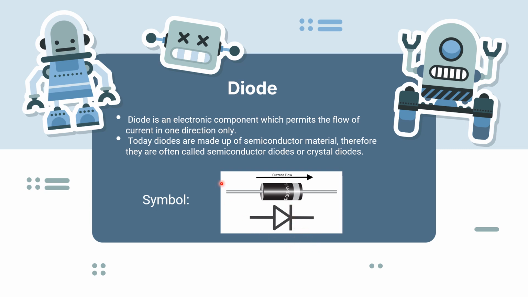So if we put positive voltage here and negative voltage here, we say the diode is in forward bias and it's active, and it allows current to go through the diode. But if we put negative voltage on the anode and positive voltage on the cathode, it blocks. We say the diode is reverse biased. So we have forward bias and reverse bias in the diode.